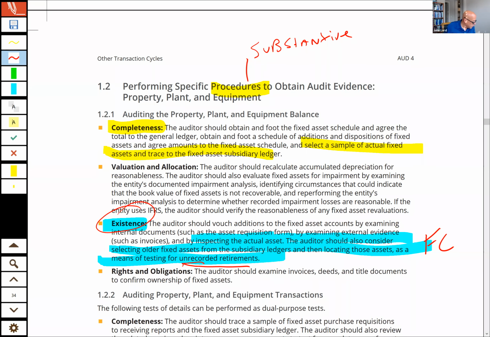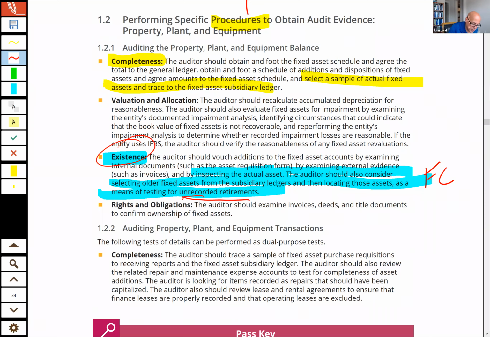Okay, good. And then rights and obligations, if there's been any kind of pledging of an asset, whatever, that would be the rights and obligations assertion.